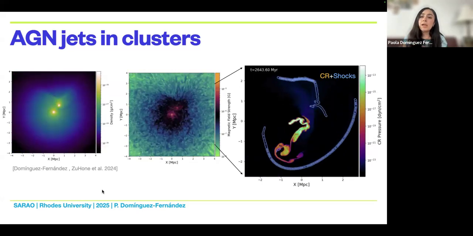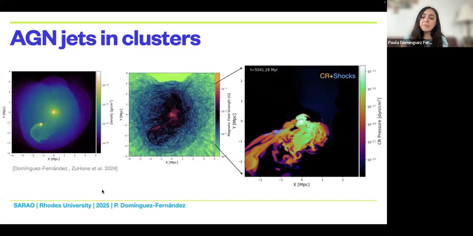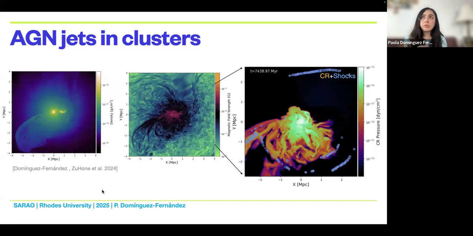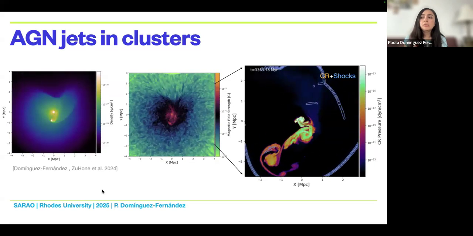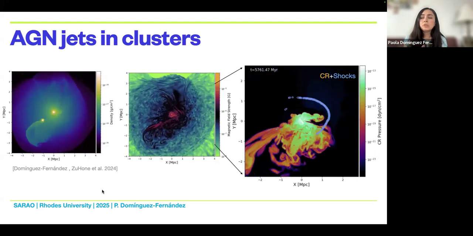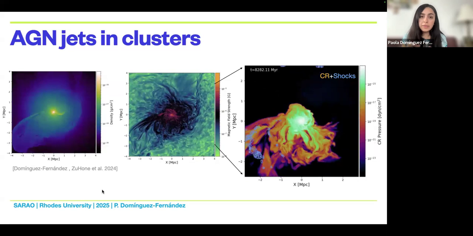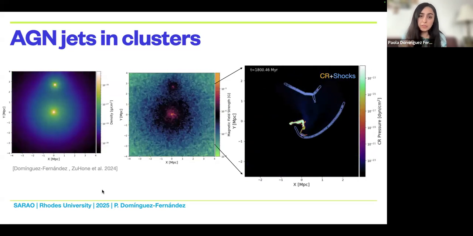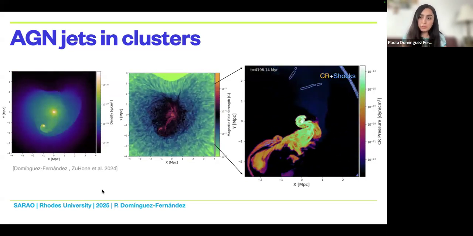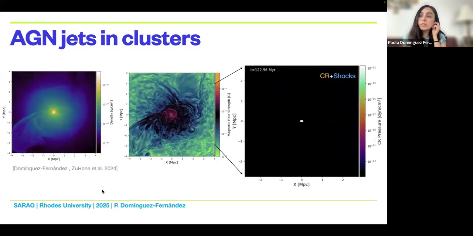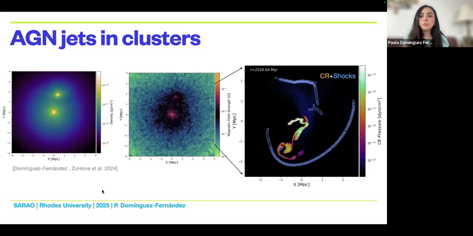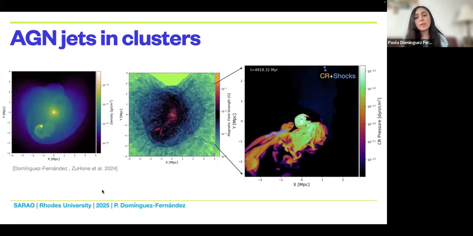And as well, in the turbulent acceleration mechanism, you need to compare with the Alfvenic velocities. So also there it plays a role, because for computing the Alfvenic velocity, you need to know the magnetic field strength.